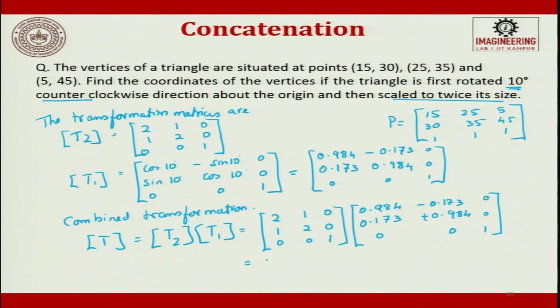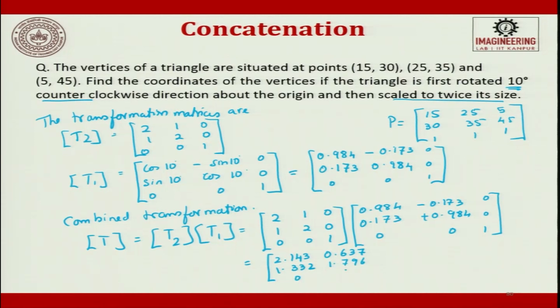Which is nothing but, you do the multiplication, it will come approximately 2.14, this will be 0.637 and you will have 1.332, 1.796.